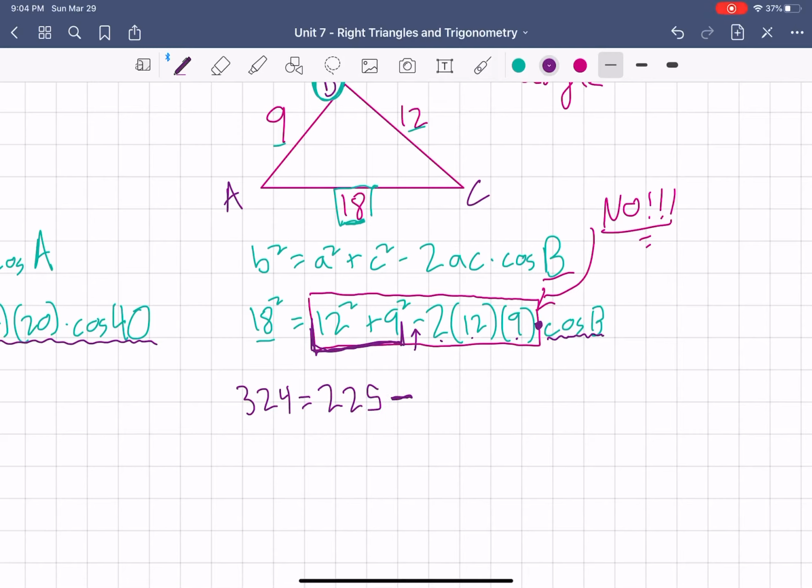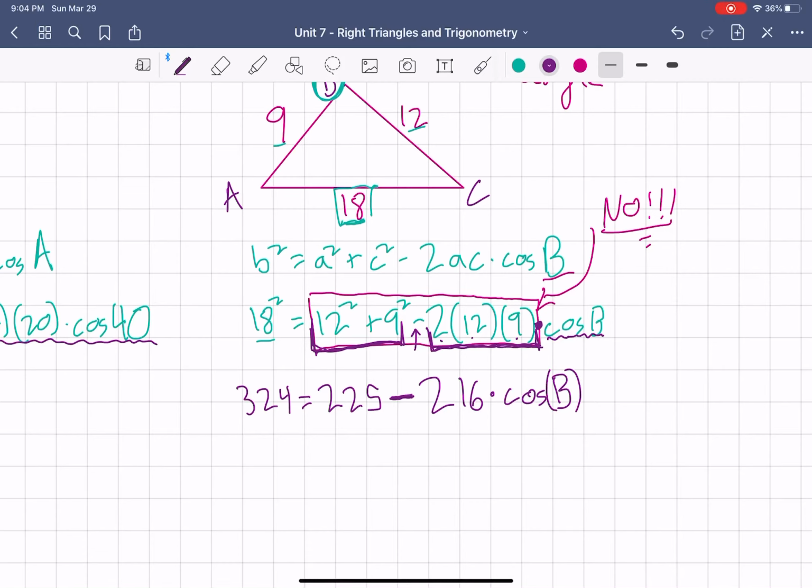And then we keep our minus, and then we can do this piece all at once in our calculator because it's all multiplication. And with multiplication, it doesn't matter how you group it. That's the associative property. So 2 times 12 times 9 is 216. And then we keep our times cosine B.